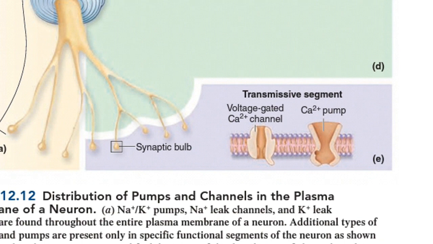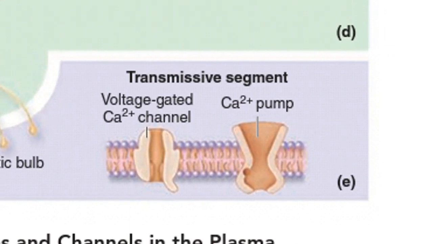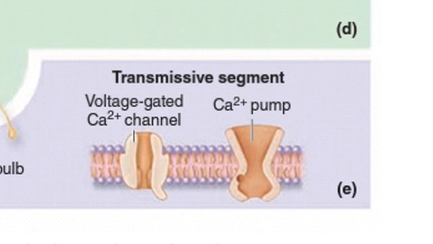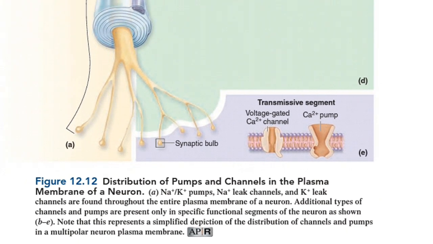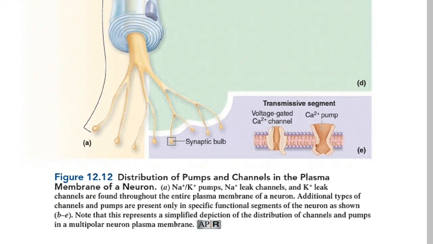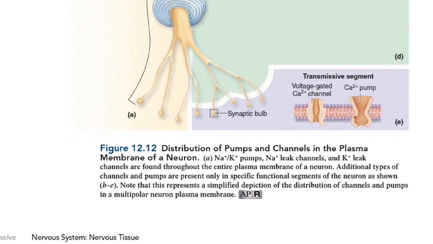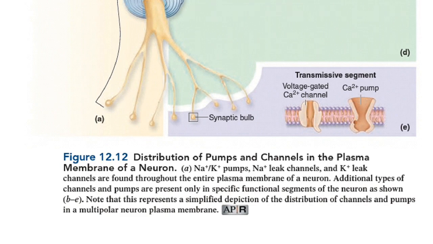So the concentration of calcium ion is very high in extracellular fluid. When the nerve impulse finally reaches the synaptic bulb, the voltage gated calcium channel opens, and calcium enters into the synaptic end bulb. This we have discussed in our previous lecture.